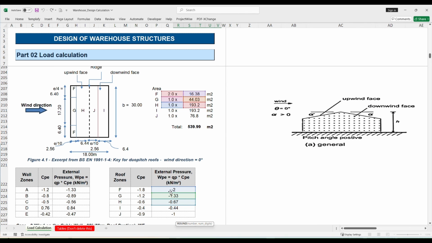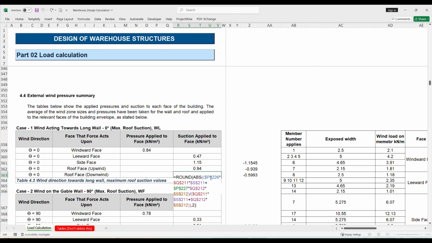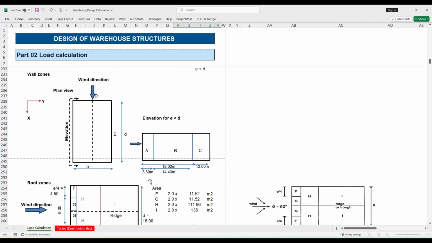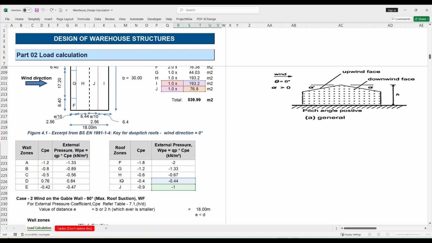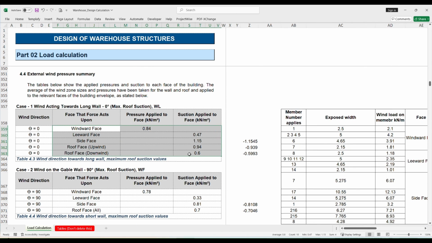That is why we multiply here and find the maximum external pressure 0.94, and the downwind, that is the leeward side, is also calculated for I and J. This is what is done here. So this is the summary for case 1, that is wind acting on the left hand side of the longer wall.